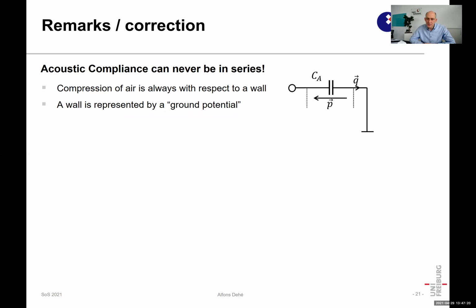It is connected fluidically to each other, and we describe the wall in the housing or wherever as the ground potential in the electric domain. And those compliances, which take the energy and store it as compressed air, always have a wall behind which they are resting on.